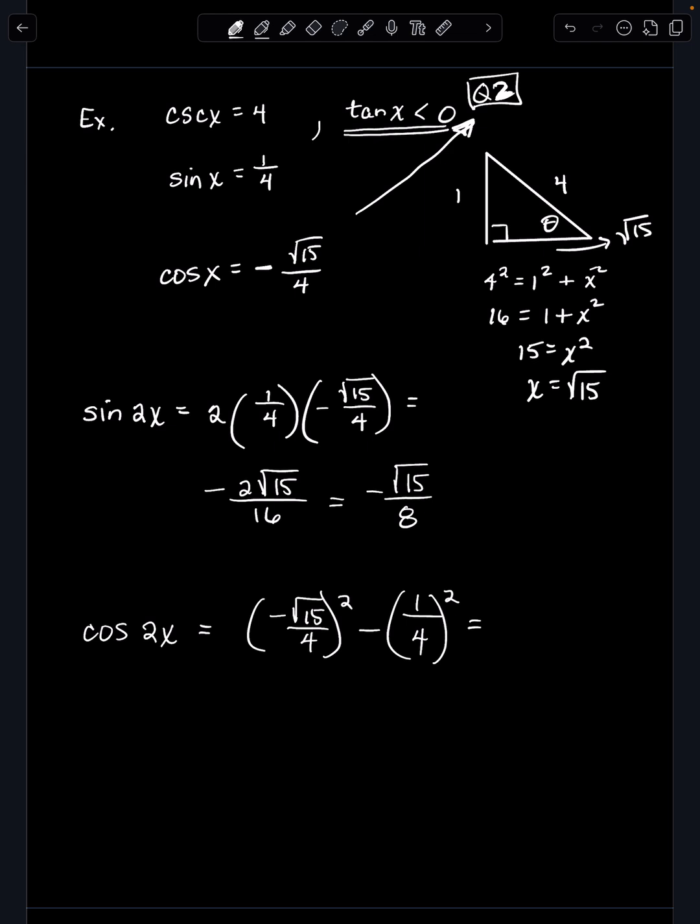When you square a radical, the radical goes away, so that's going to give me positive 15 over 4 squared is 16, minus 1/4 squared, 1 squared over 4 squared is 16. So when I do that, I get 14 over 16, or 7 over 8.